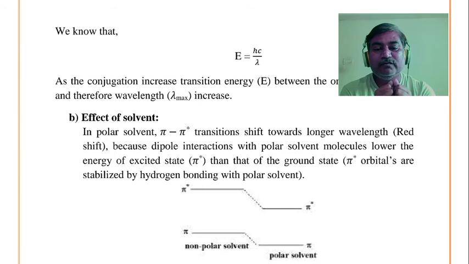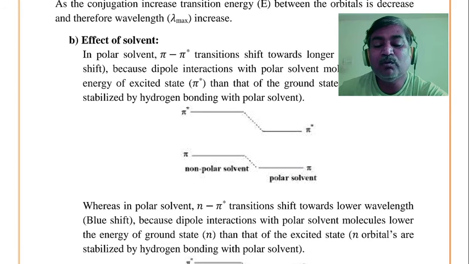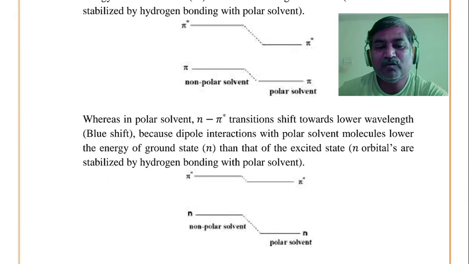Required transition energy is higher to excite from ground state to excited state, and the absorbance shift towards lower wavelength is observed. While in case of non-polar solvent system, such type of hydrogen bonding is not observed.